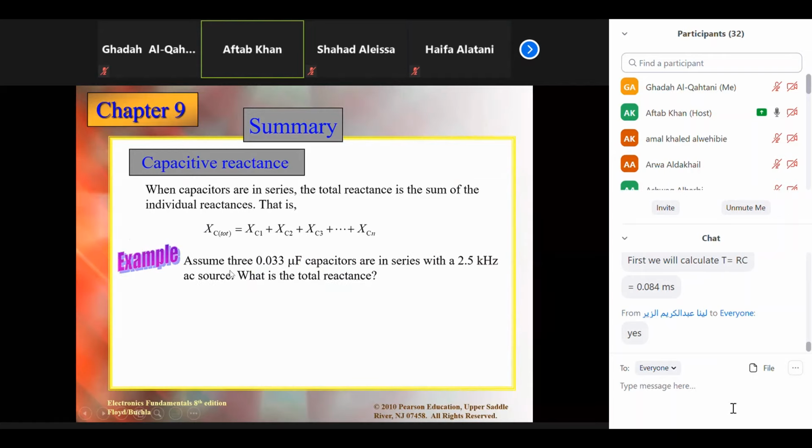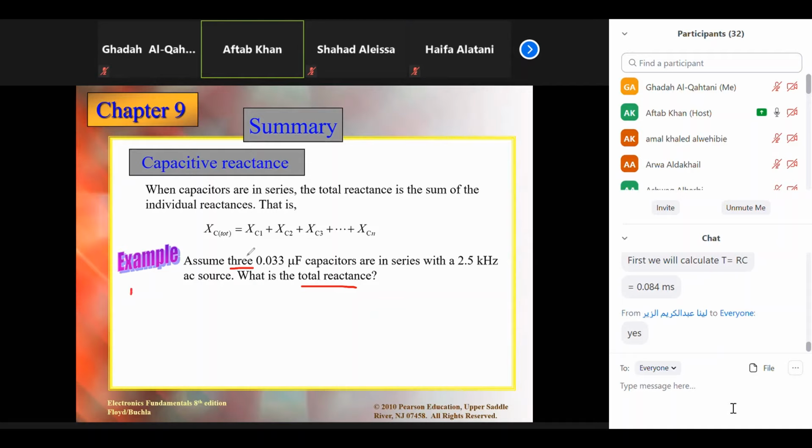Now assume this much of capacitors are in series with this many kilohertz AC source. What is the total reactance? So it's so simple. Either you calculate the first reactance of 1 and then multiply by 3 because they said 3. Or you calculate the total capacitance because they are 3 capacitors in series.